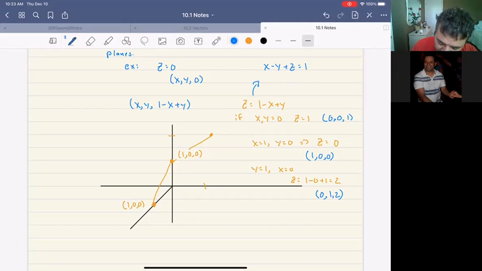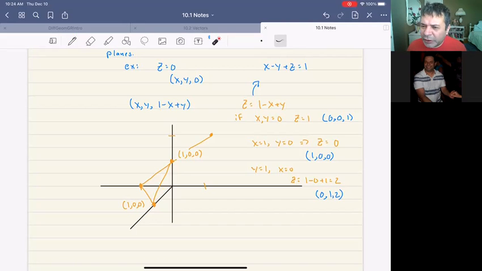So that's another point I could pick. And that'll give us the plane, with everything connected. This is supposed to be all one plane here. So that's a nice way to figure out how to draw it.